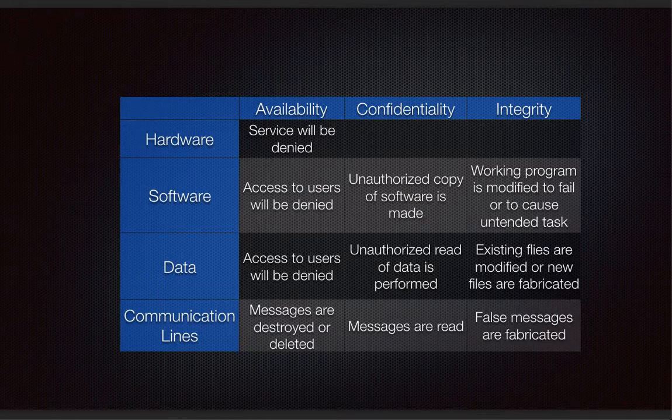First, you can see availability can only be attached to hardware, whereas software, data, and communication lines will fall under all three parts of the CIA triad: availability, confidentiality, and integrity.